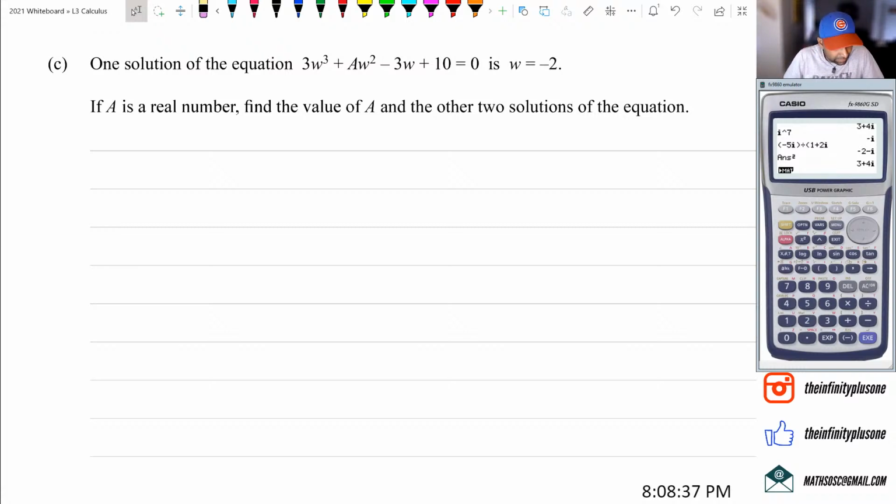You could put it in complex mode and get all the answers, but unfortunately it doesn't give us what we need. We can't do minus 2 plus i, because minus 2 is already a real number there.